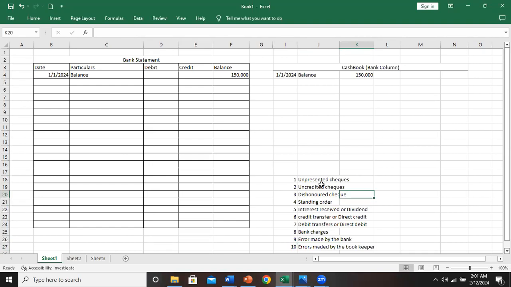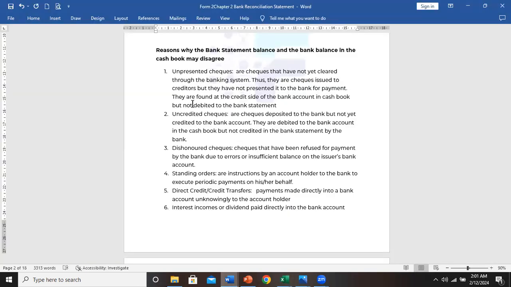Unpresented checks. We said these are checks that have been issued to suppliers. The business has issued those checks to the suppliers or creditors, and they are supposed to take them to the bank for payment, but they have not presented them. Apart from that, there are also checks that have not yet cleared through the banking system.